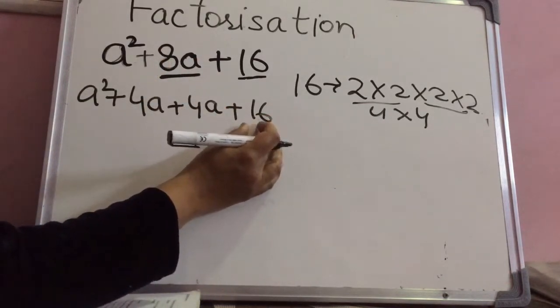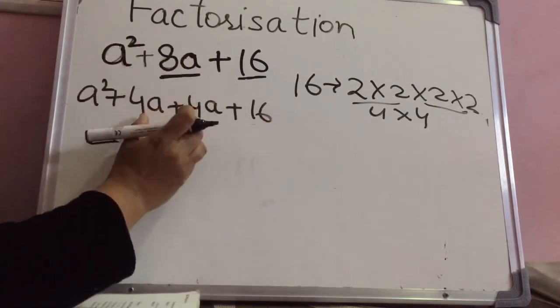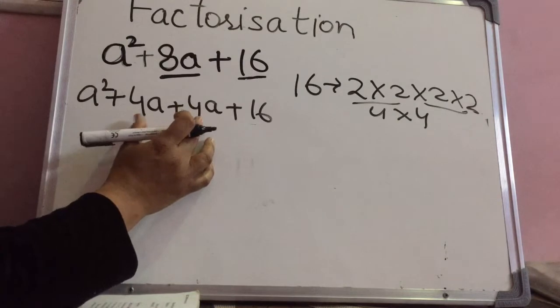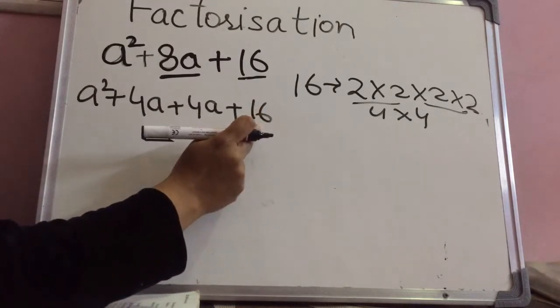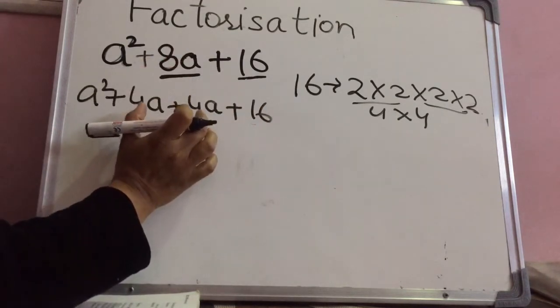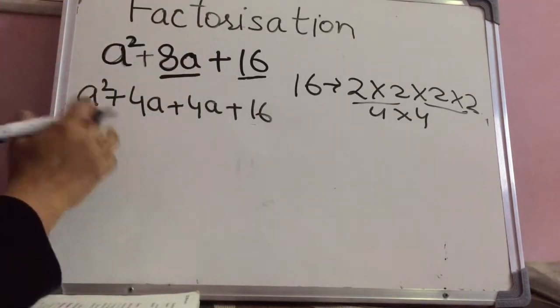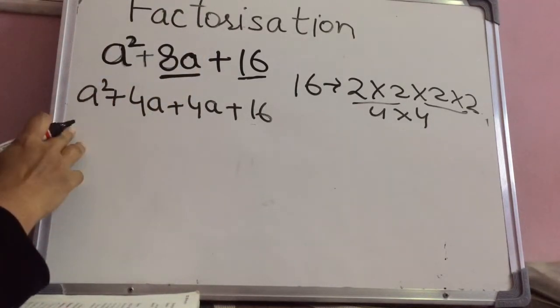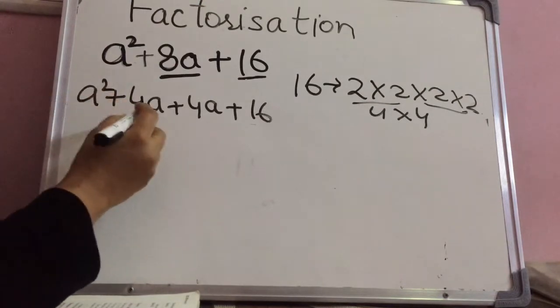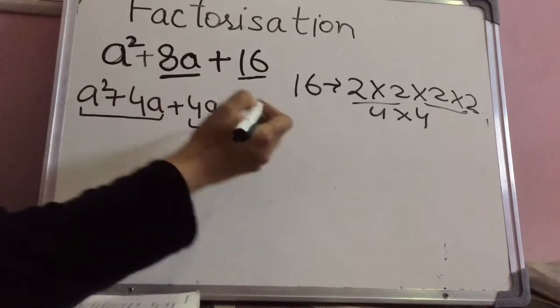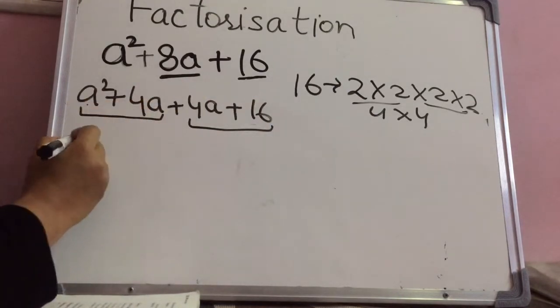So what we see is that the multiplication of the center term split should be equal to this term, and the addition of this should be equal to the center term. Okay, now again we will do the way we have done earlier. We will take common factors from these two. Common factor from this will be a.